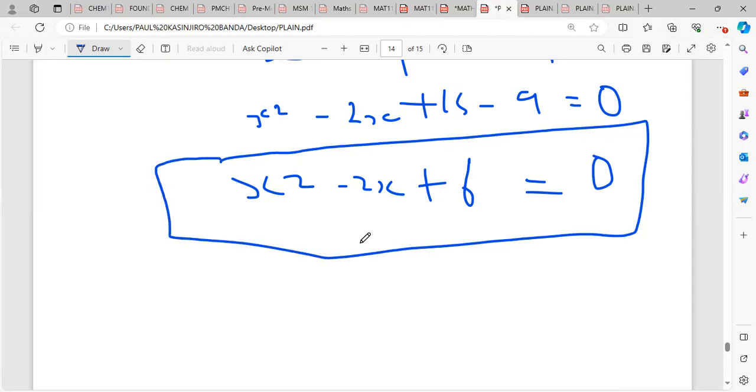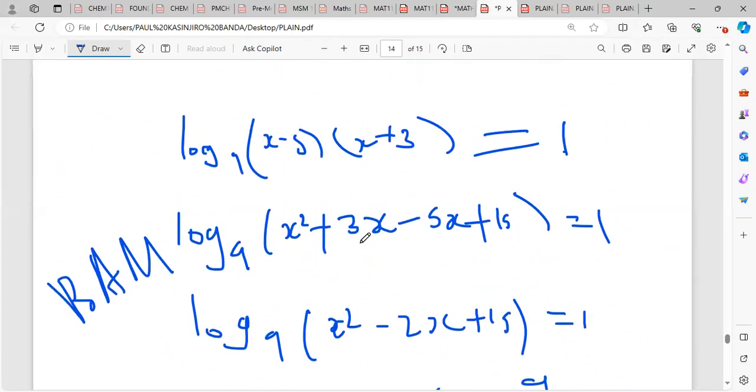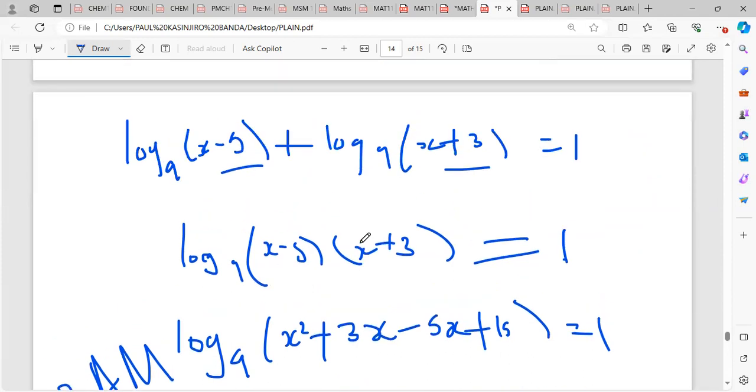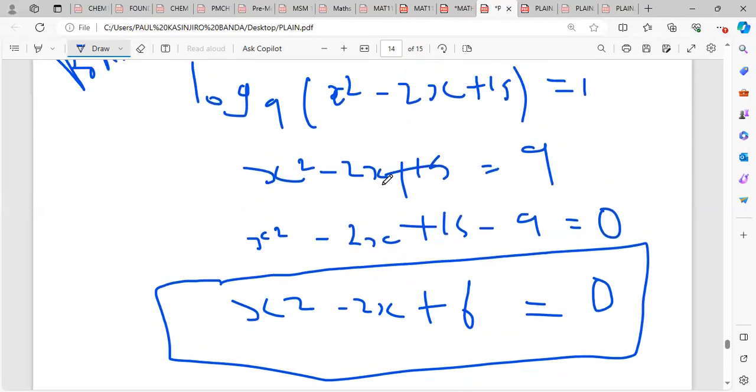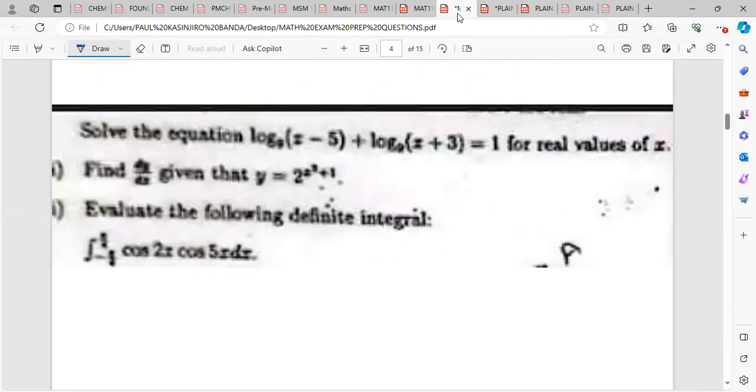What could be the factors? So I don't see factors there, meaning we have to use the complete the square method, or we have to use the quadratic formula.